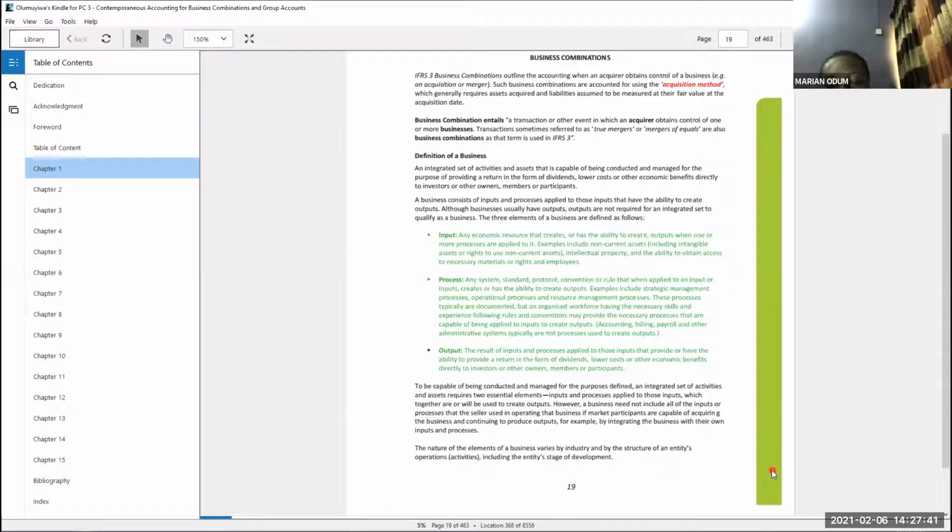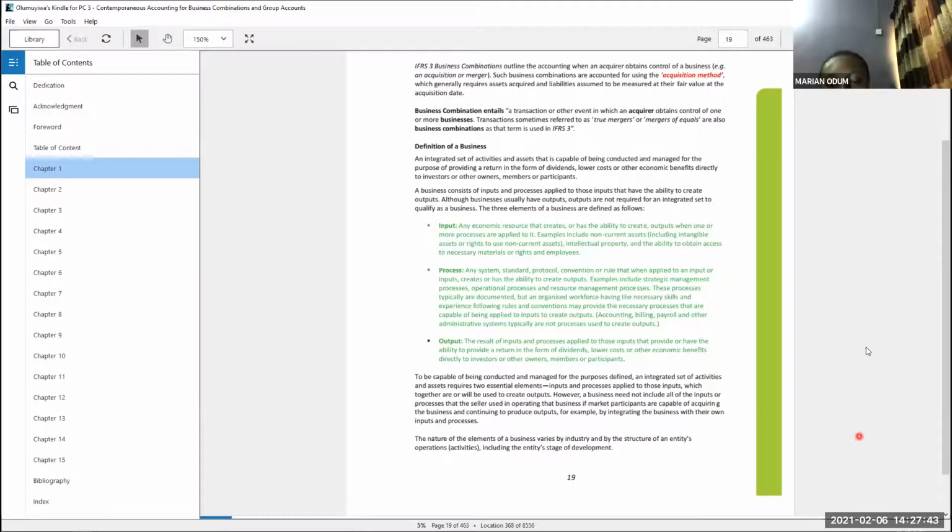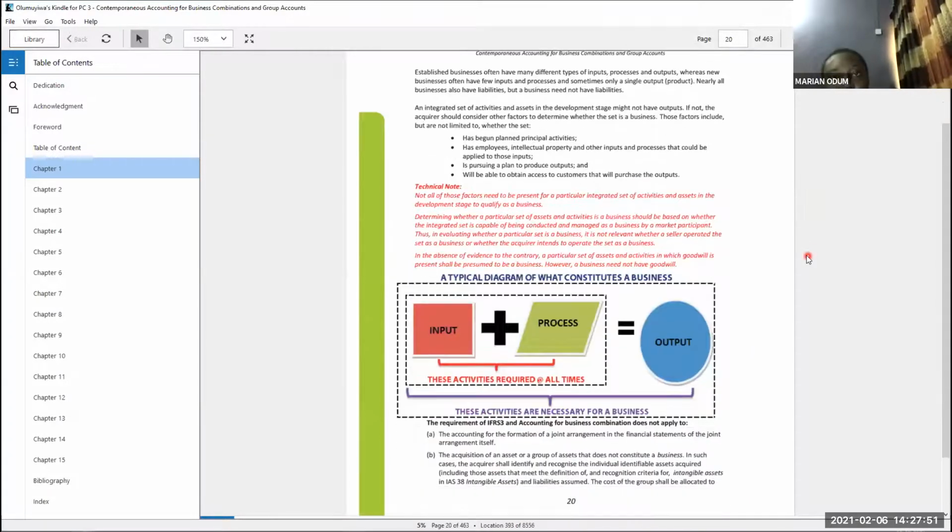The nature of the elements of a business varies by industry and by the structure of an entity's operations or activities, including the entity's stage of development. Established businesses often have many different types of inputs, processes, and outputs, whereas new businesses often have few inputs and processes, and sometimes only a single output or product.